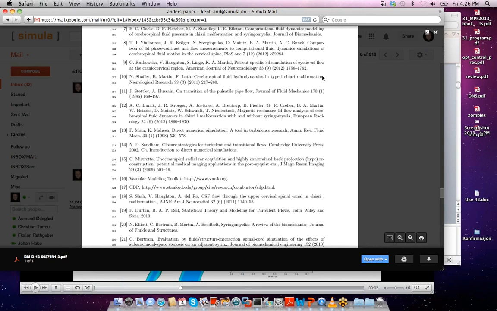We don't have access to that kind of data. We only have this snapshot in time where we have a patient and we try to simulate that. So from my point of view, a stronger collaboration with both clinicians and also people investigating MR measurements is certainly desirable.